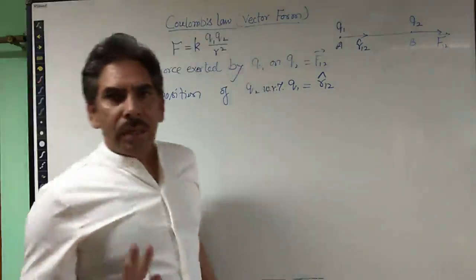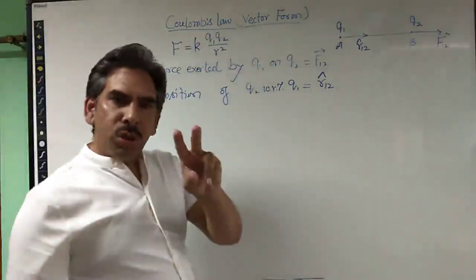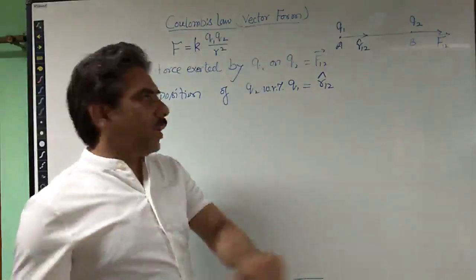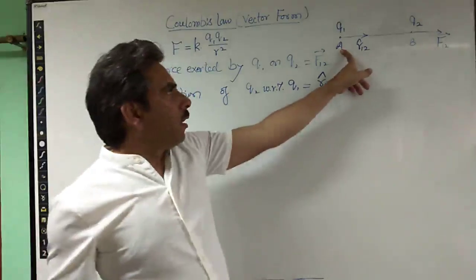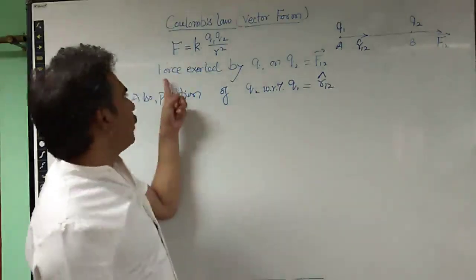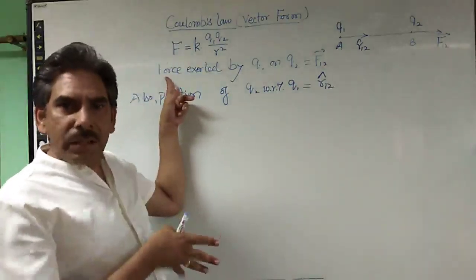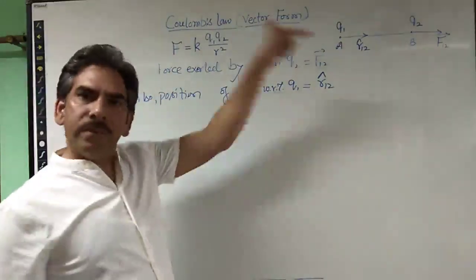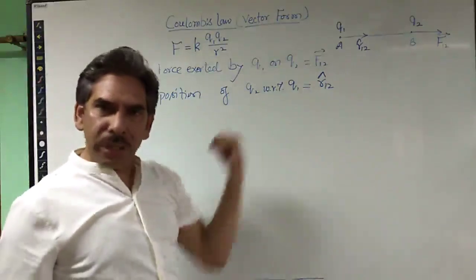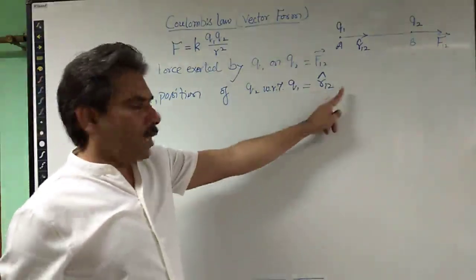Be very clear that you have to define three things. One, you have to choose the charge which is exerting the force. Second, you have to define the force exerted by that charge on the given charge. And also define the position of the charge on which force is acting, due to the given charge q1, as r12.